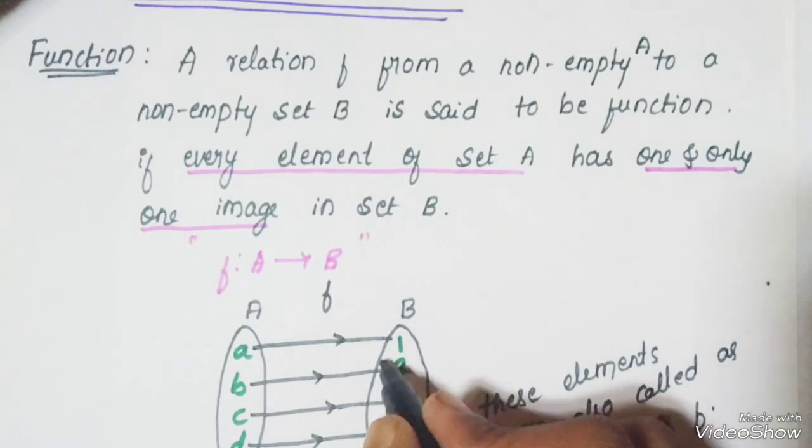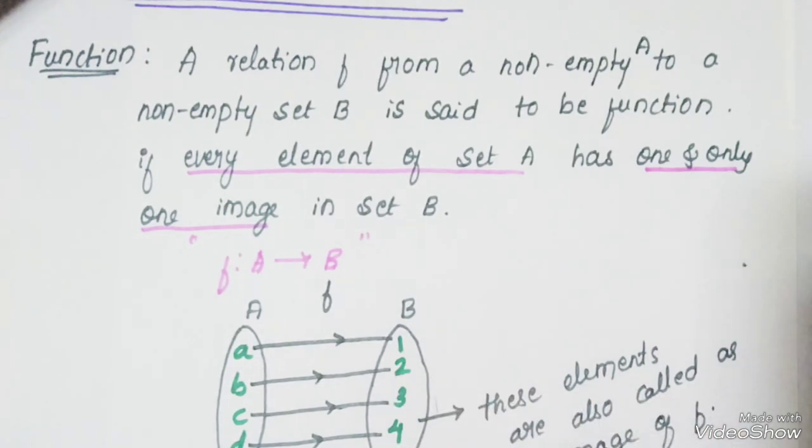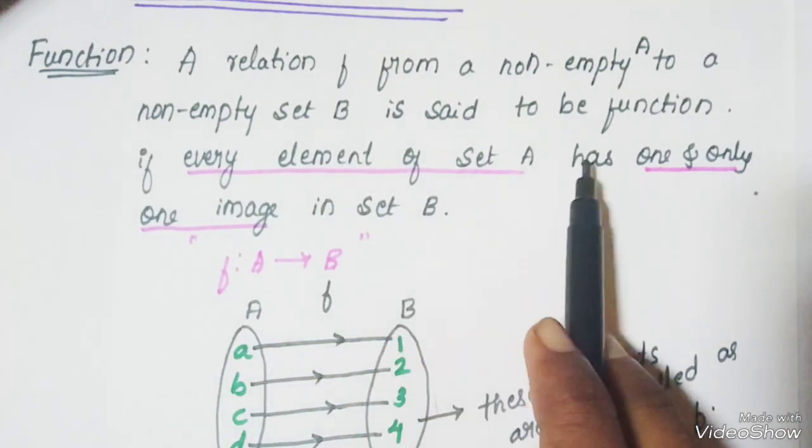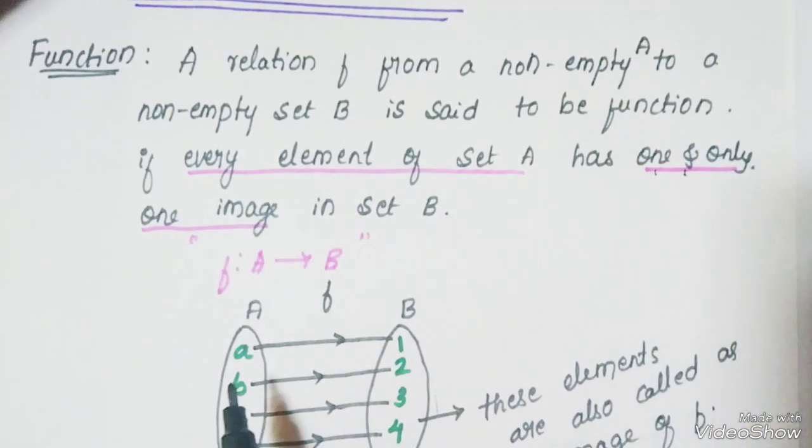By the definition, every element of set A has one and only one image: a is related with only one element 1, b is related with 2, c is related with 3 only and d is related with 4.